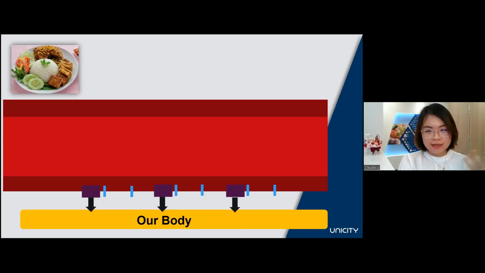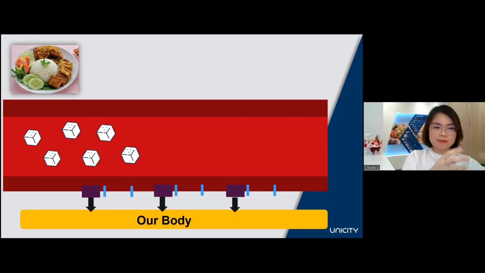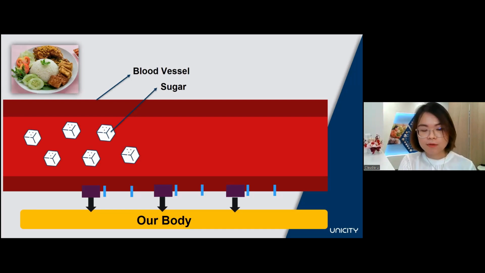So if you eat anything, for that matter, all these big food particles, especially carbohydrates, like rice or noodles, will then be broken down into these small things, which is not a box or a dice. It's actually a sugar molecule. So they will become small little things and float in our bloodstream.